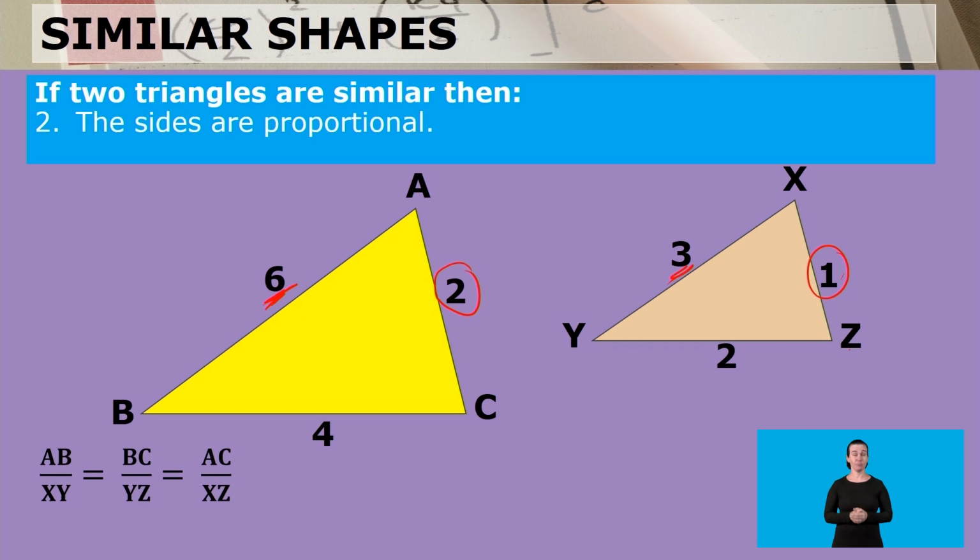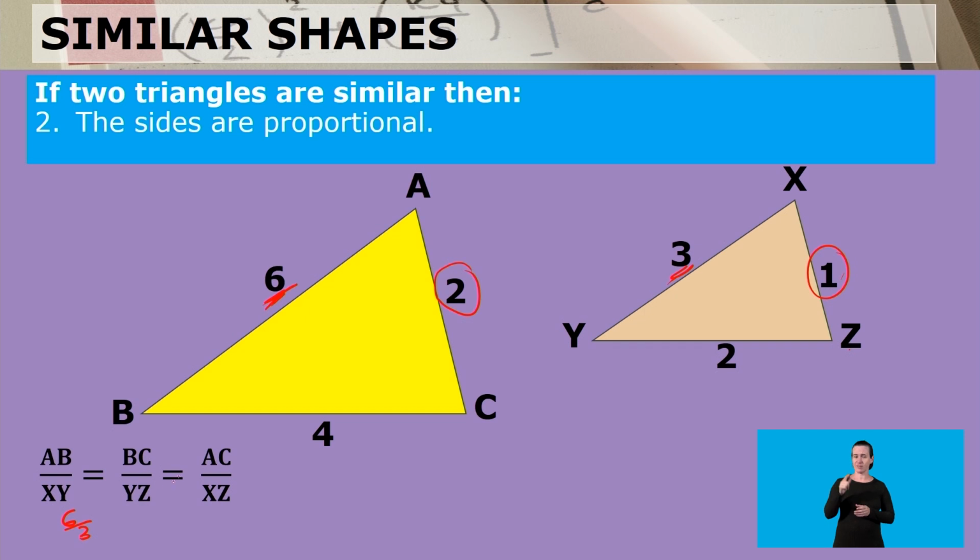So let's look at how we would represent that in terms of writing it. We say, side AB divided by side XY, AB gives us 6, divided by side XY, which gives us 3.